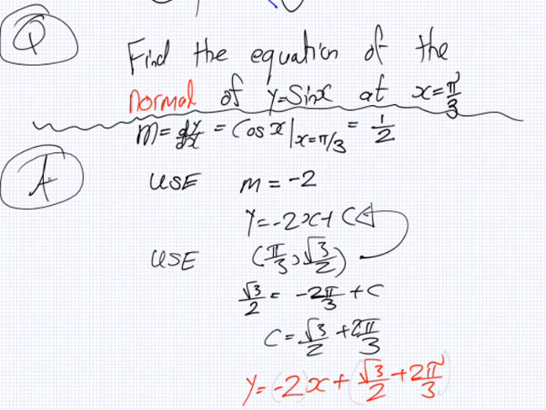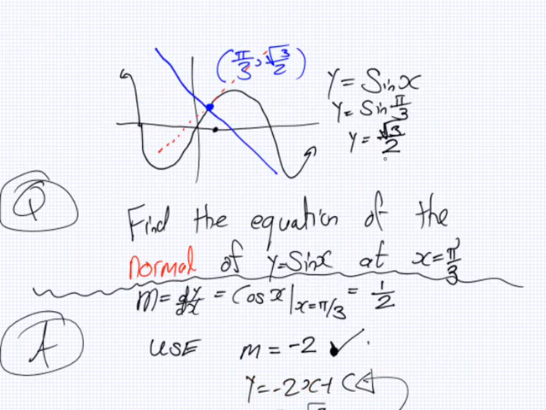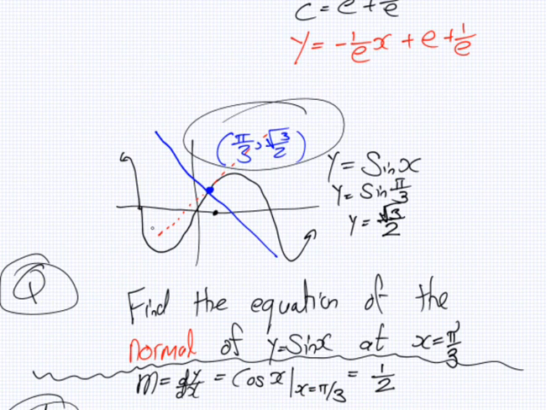So, let's look at one with an example of a normal. So let's do one just like the last one. This time we have x equals 1, but this time I don't want the tangent. Instead, this time I would like the normal.